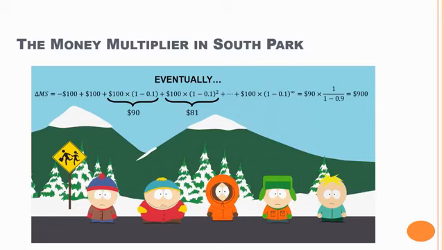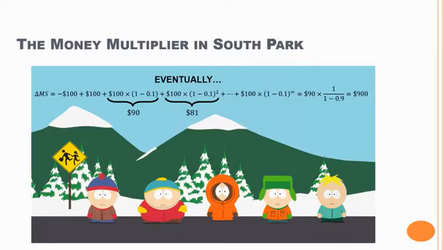And you see that every time you move from 100 to 90 to 81, you basically multiply by 0.9, which is 1 minus the required reserve ratio. The required reserve ratio is 0.1. And for those who are into mathematics, you would recognize that this is a geometric series where you multiply each term by 0.9.